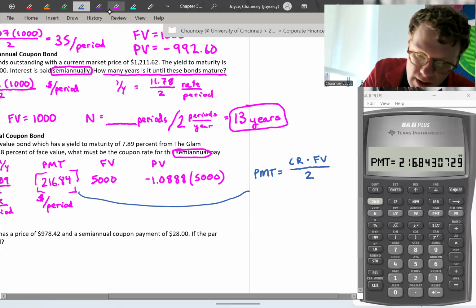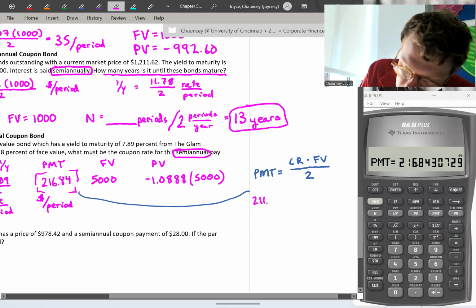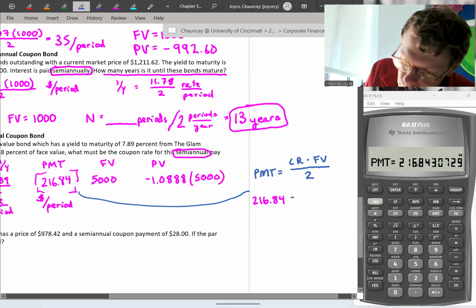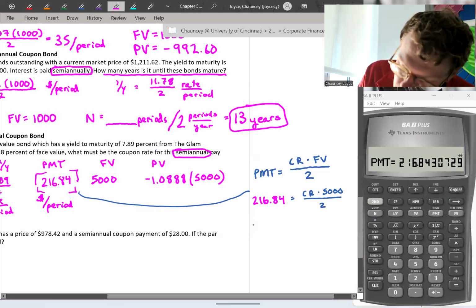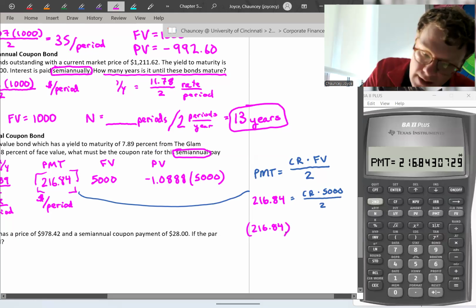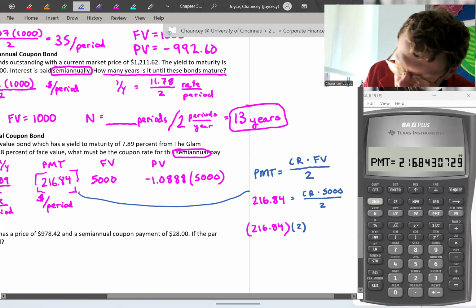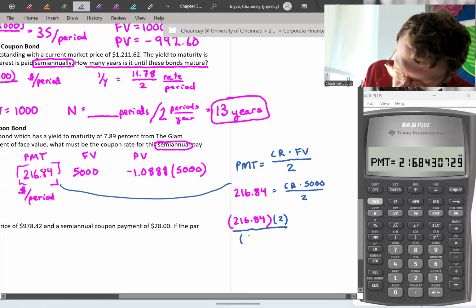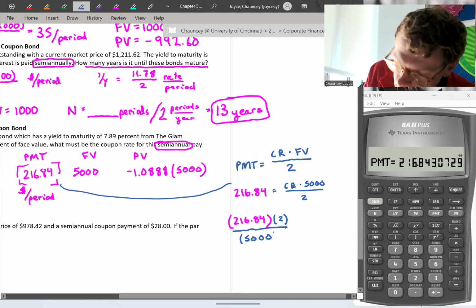So the coupon payment of $216.84 is equal to your coupon rate times face value of 5,000 divided by 2. So all we need to do is multiply both sides here by 2, 216.84 times 2. And then we need to divide both sides by 5,000. And you'll get to your coupon rate.